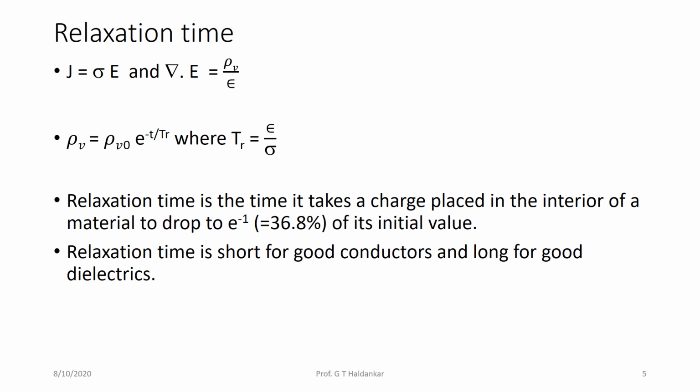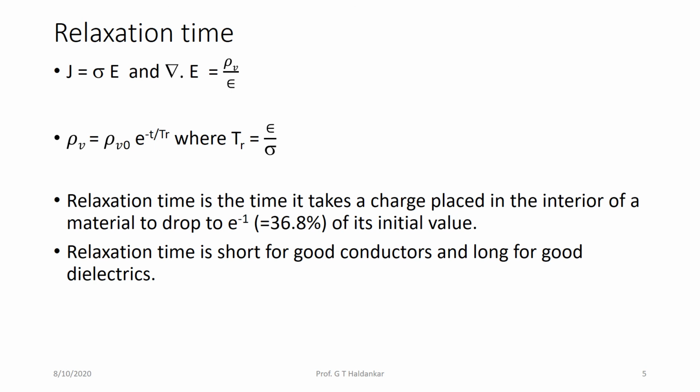So when you introduce a charge, the equation for the volume charge density will change, and here I have taken rho v0 as the volume charge density at 0 seconds. The equation is written in terms of t and T_R, where T_R is the relaxation time.